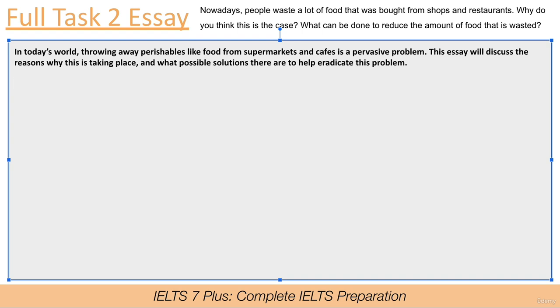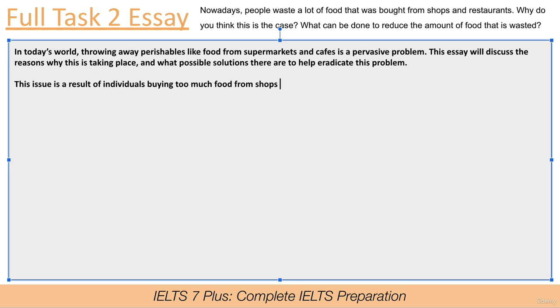Let's have a look. So why are people throwing away the food? Well, they're simply buying and ordering too much. So we need our topic sentence to lay out what we're going to argue. This issue stems from, or is a result of, individuals buying too much food from shops.